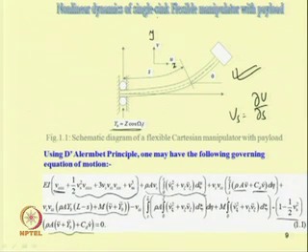Then one can write the inertia force in the x direction, the inertia force in the y direction, then these damping forces, and also the inertia force due to the tip mass. Taking a section at a distance s, one can find the bending moment, and differentiating that term twice, one can get this equation.